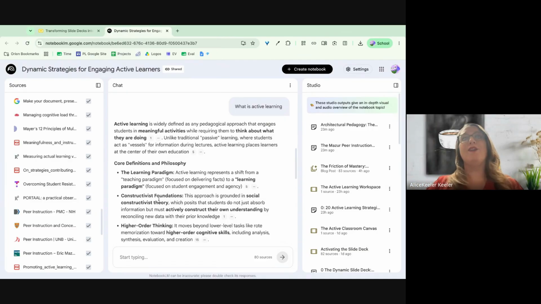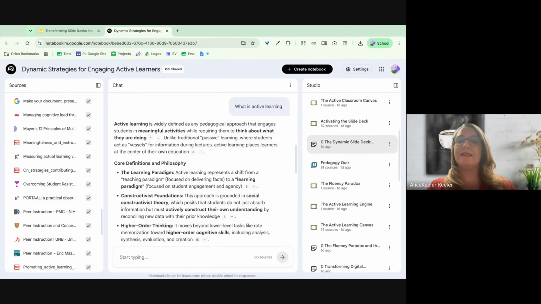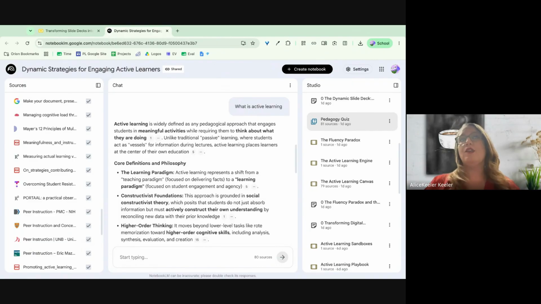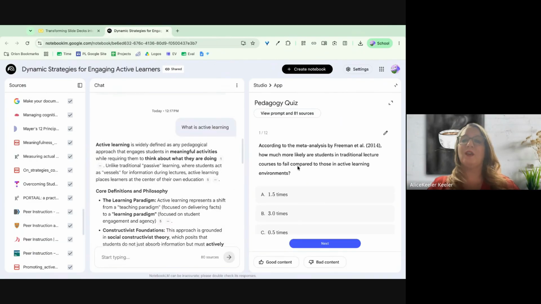On the right-hand side in the studio, I have a bunch of slides, infographics, and notes, and I even have a quiz if you want to see where you align on active learning. So that is a resource for you to use after this presentation.